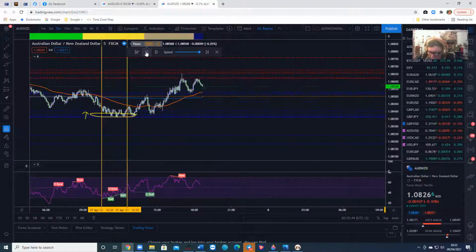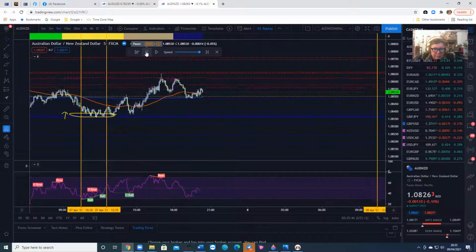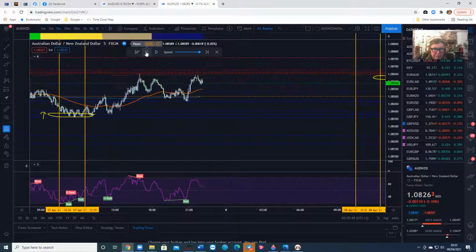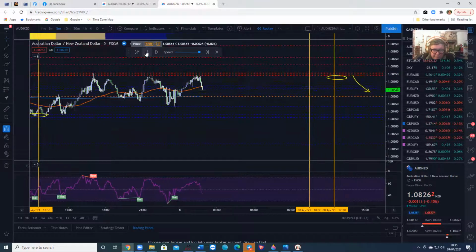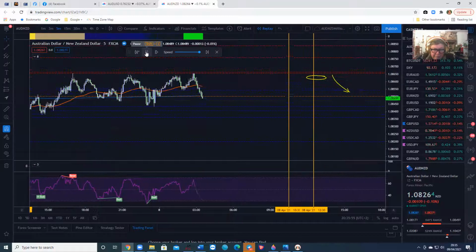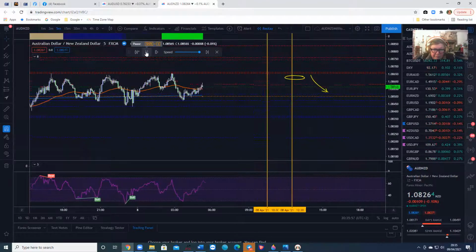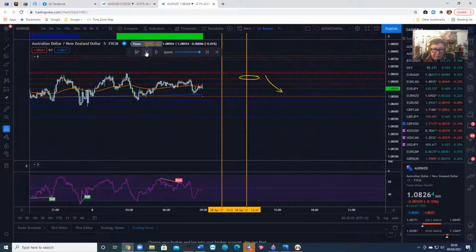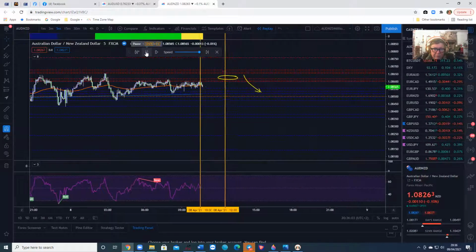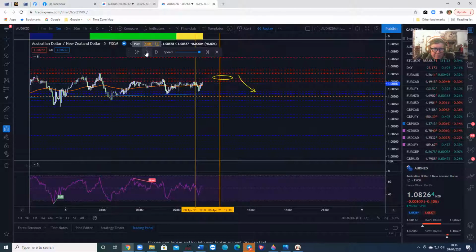And we're just coming up to the last couple of sessions. Bear, it's on the 62, resting on the 62.